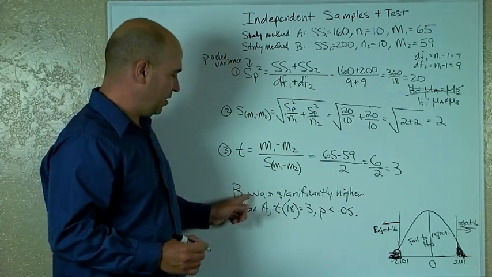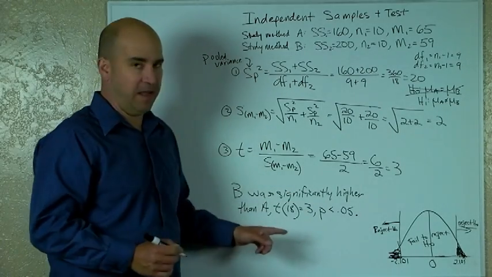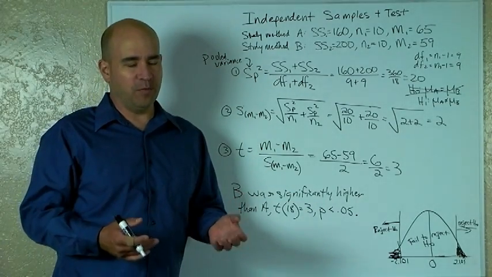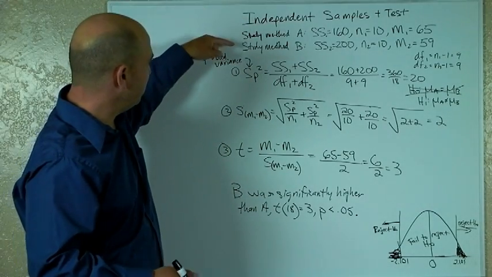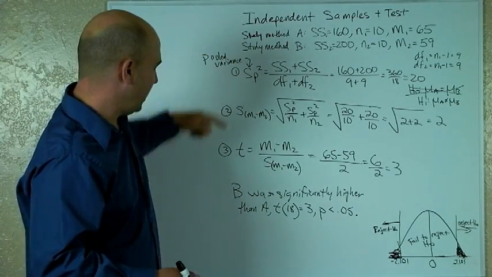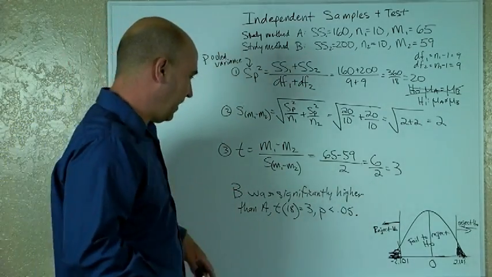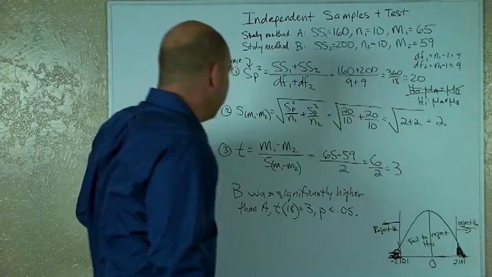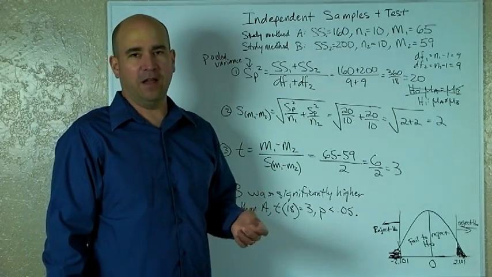Now once again, I shorthanded this here: B was significantly higher than A. To be more formal, we could put the people who use study method B. Whoop, I got an error here. Excuse me, I have to make a correction. Hopefully you caught that. Was B higher than A or was A higher than B?